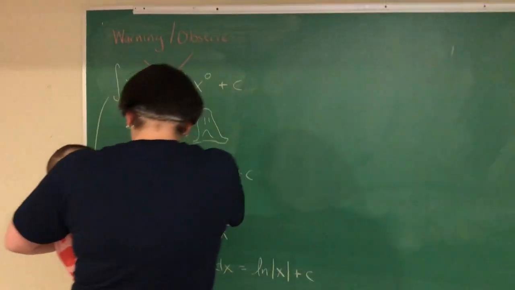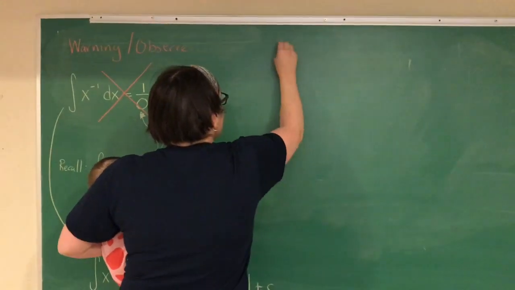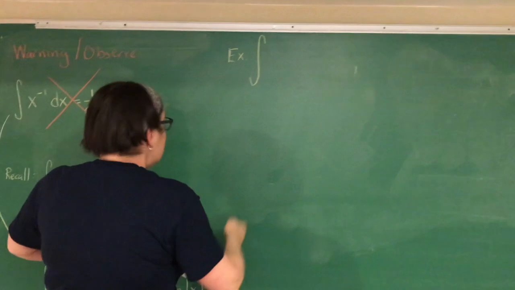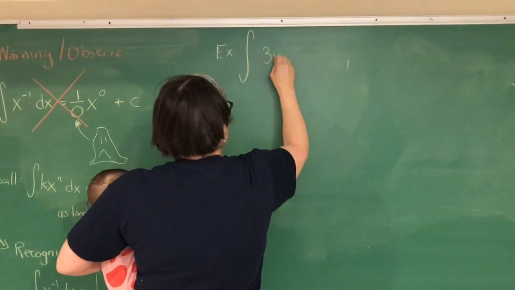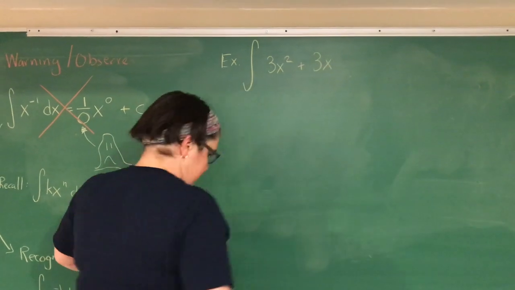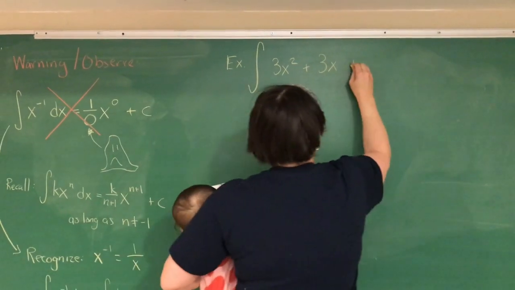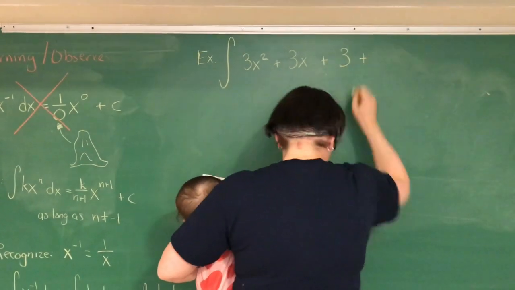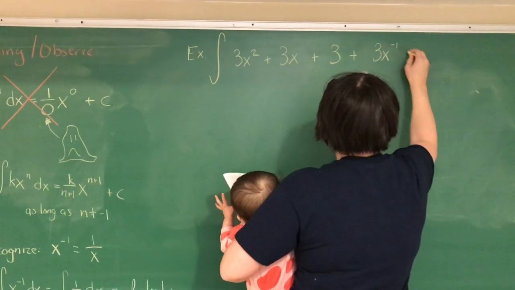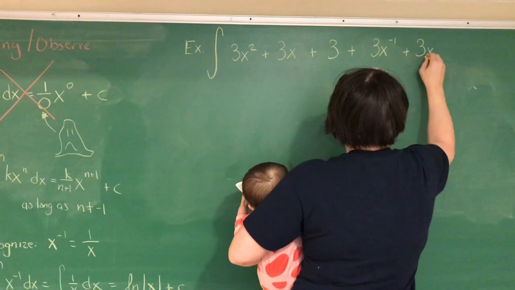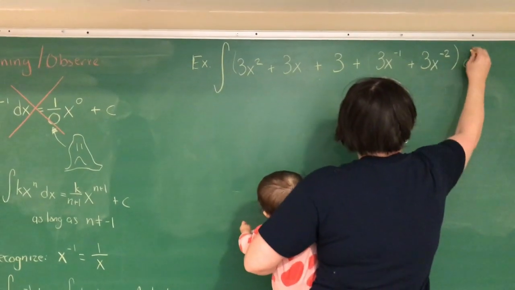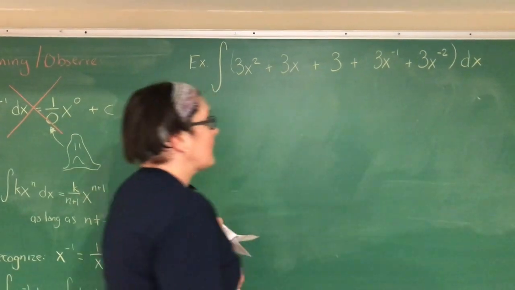Okay, so we have, as our example, the integral of 3x squared plus 3x plus 3 plus 3x to the negative 1 plus 3x to the negative 2 dx.